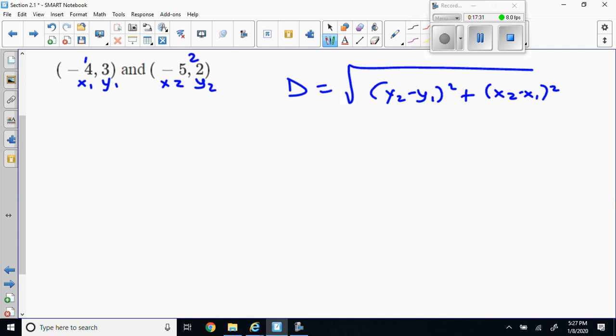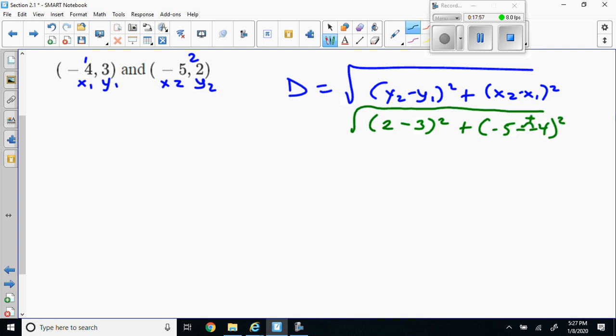So there. My y2 happens to be 2 minus y1 is 3. That's squared plus x2 is -5 minus, and that is -4. So when you subtract the negative, it becomes positive, right?